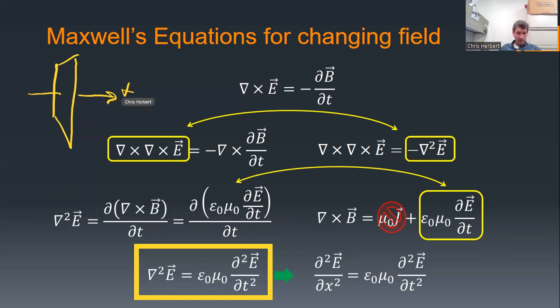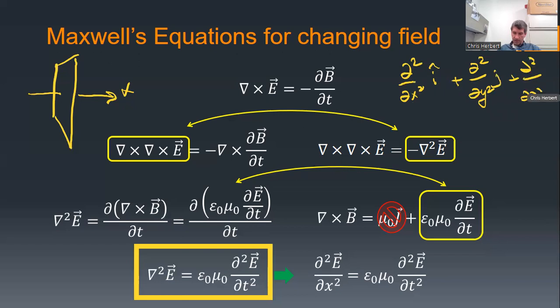It's just moving along, from left to right. So this del squared is d squared dx squared i hat plus d squared dy squared j hat plus d squared dz squared k hat, okay?